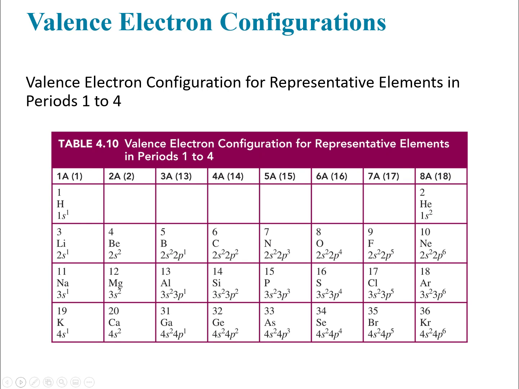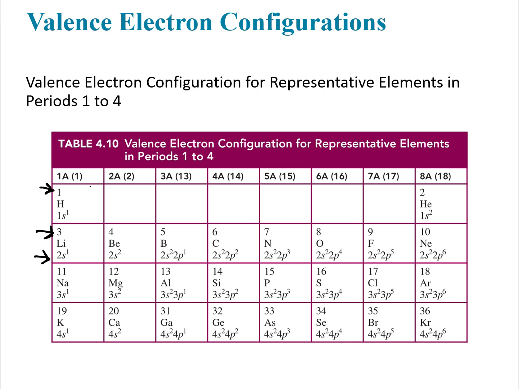This is a table for representative elements in periods 1 to 4. It tells you how many electrons total, which is this number here up top, which is also the same as the atomic number. And then below, you see the valence electron configuration.